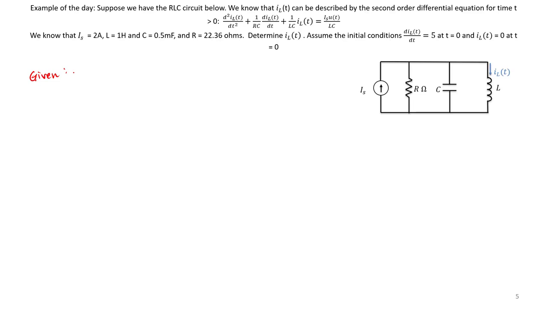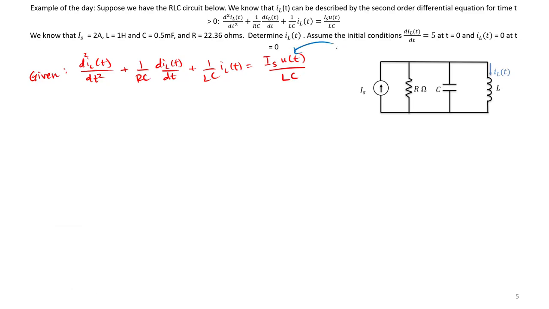We are given our second-order differential equation is given by the second derivative d²IL/dt², plus 1 over RC dIL of t/dt, plus 1 over LC IL of t equals our current source IS U of t divided by LC.